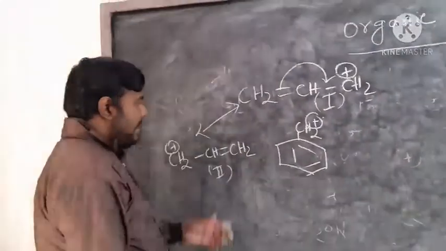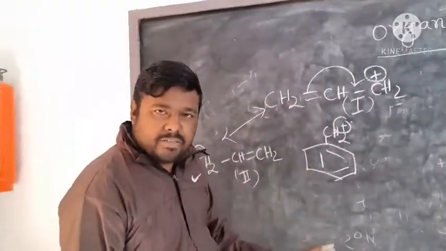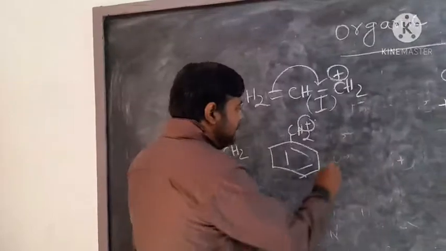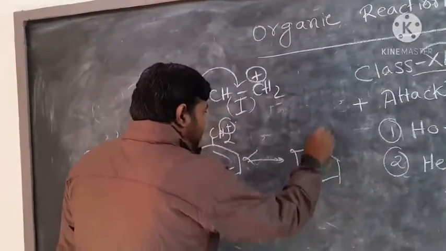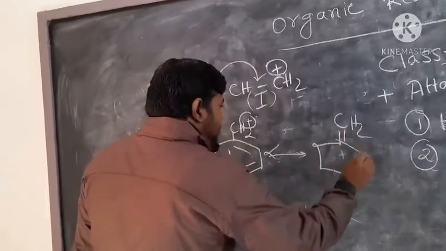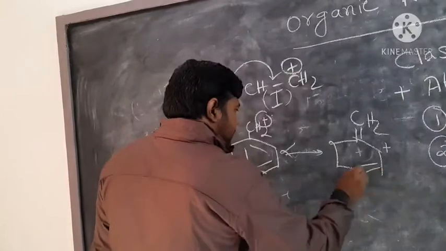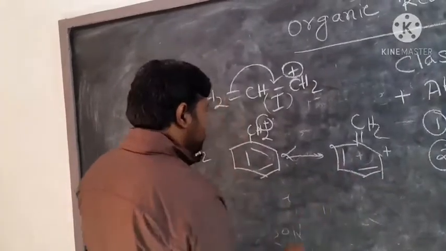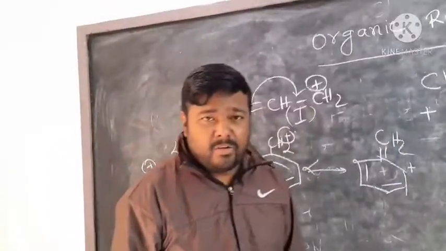Because in equivalent resonating structures, 50% and 50% contribution will be there towards the resonance hybrid. Although there are 6 resonating structures possible here, none of the structures will be equivalent resonating structures. That's why the allyl carbocation will be more stable than the benzyl carbocation.